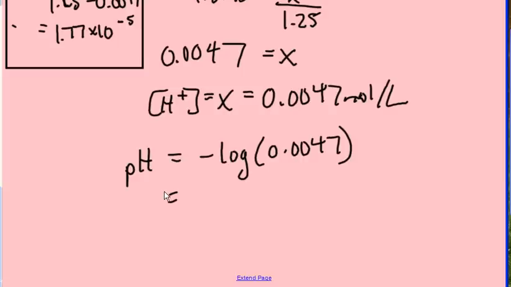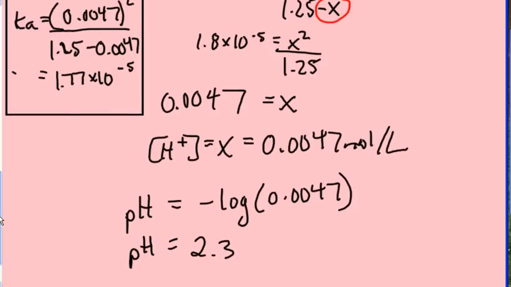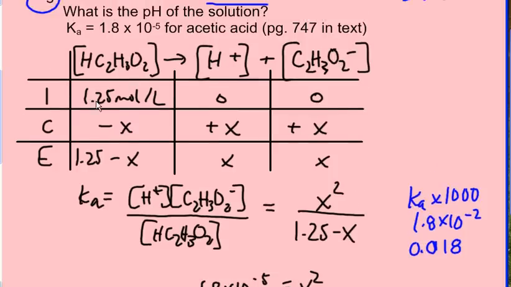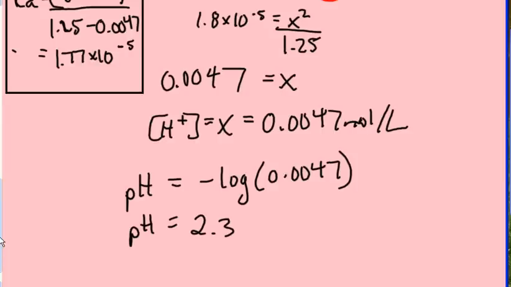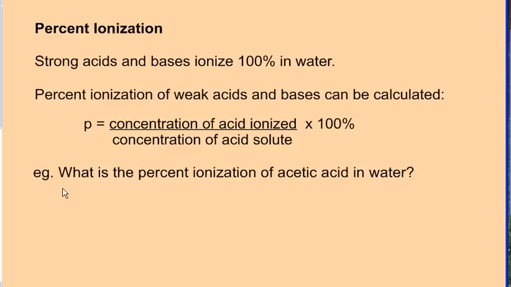Okay, and the pH I get is 2.3. 2.3 is the pH of a solution of acetic acid if the concentration of the acetic acid is 1.25 moles per liter. The other types of questions you may come across if you're working on this involve percent ionization.